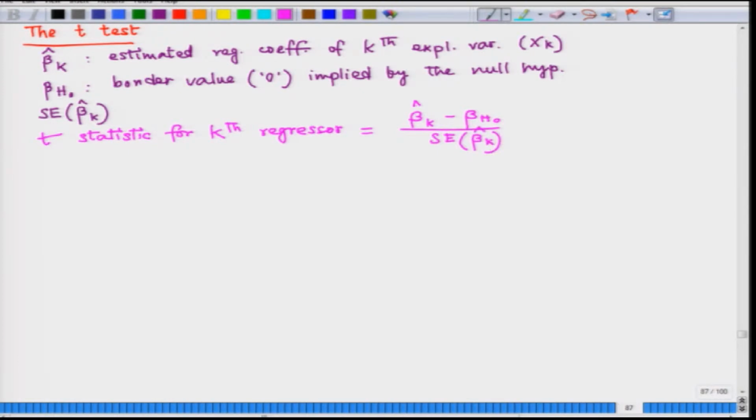Okay, fine. So, since most regression hypothesis tests check whether a particular explanatory variable's coefficient is significantly different from 0 or not, we can safely assume that the border value beta h naught is 0, right. We have already mentioned that here. So, the simplified form which is used in practice is basically this.